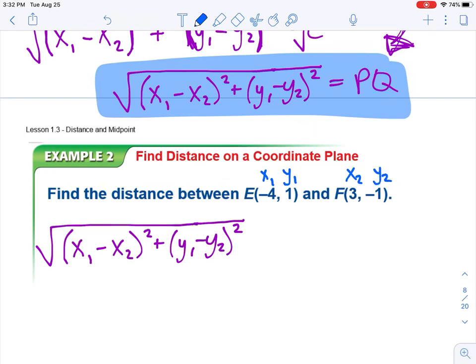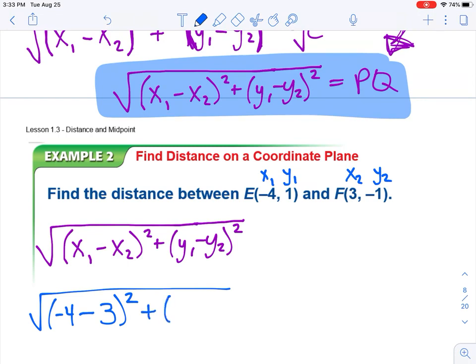Where I see my x1, I'm going to plug in -4. Where I see my x2, I'm going to plug in 3. Notice this subtraction stayed here. These will stay. I would leave them on your first step at least.